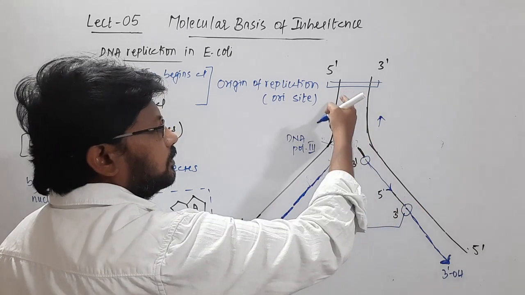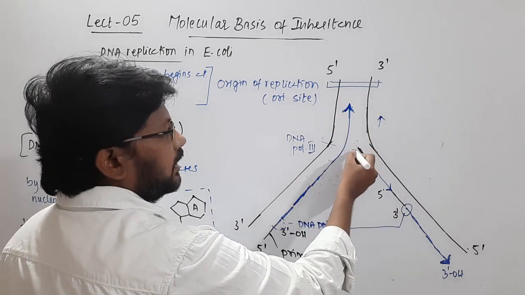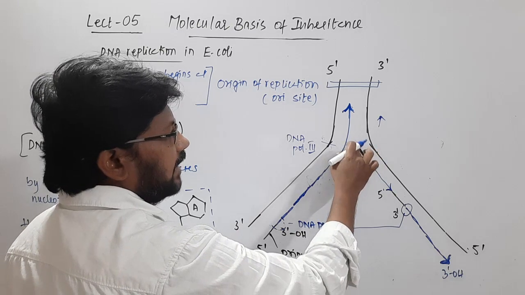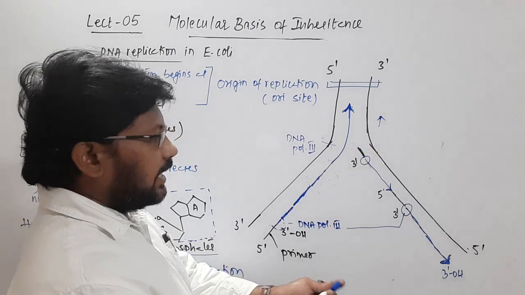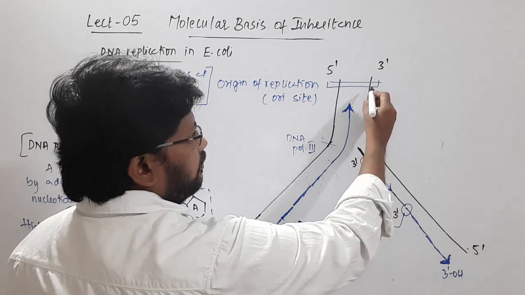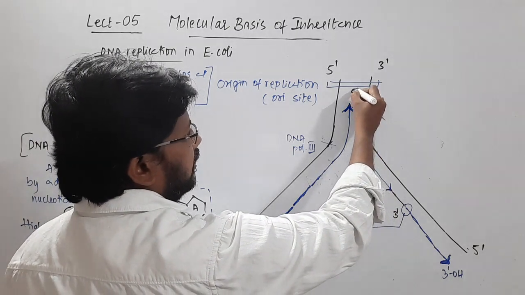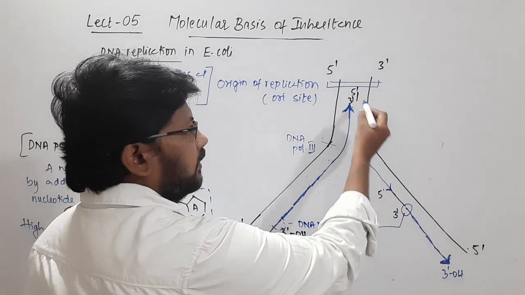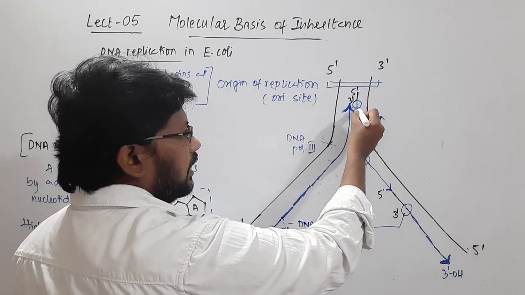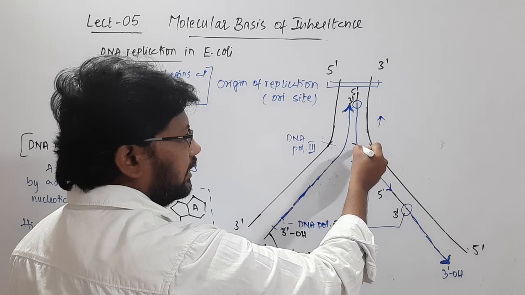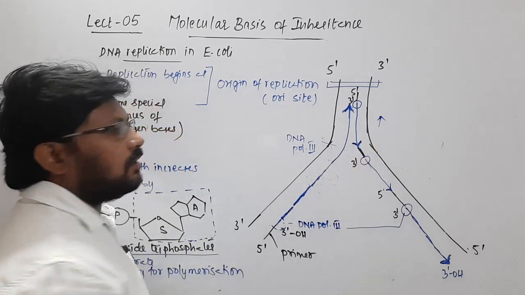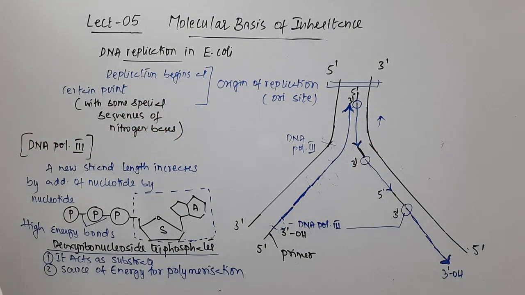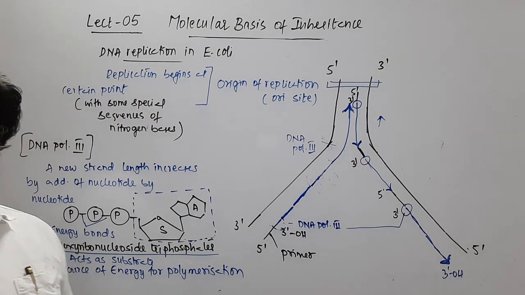So it will continue on this, but again you can see in this you will get 5 dash, there is no use, hence again one more primer has to form here. This will have polarity 5 dash 3 dash. Now the DNA polymerase 3 binds up here and then starts adding nucleotides one by one, not all at a time, one nucleotide by one nucleotide.